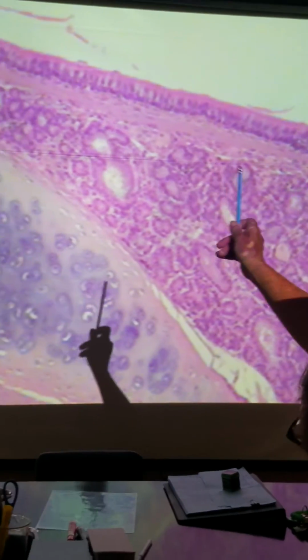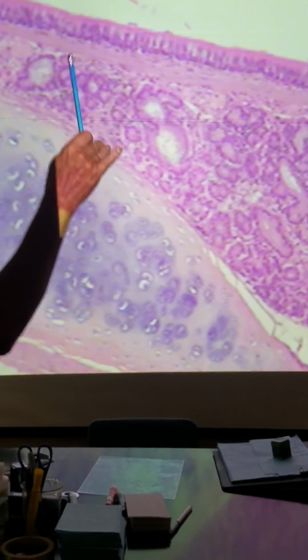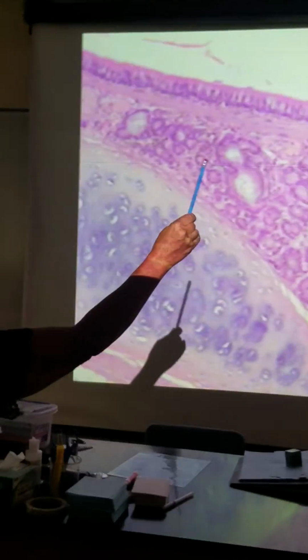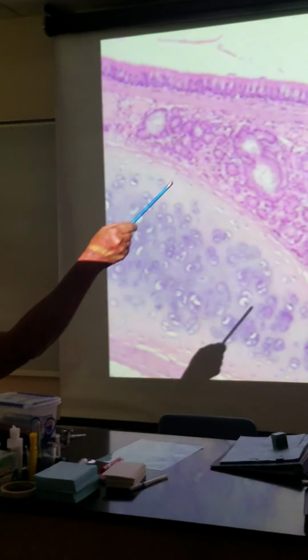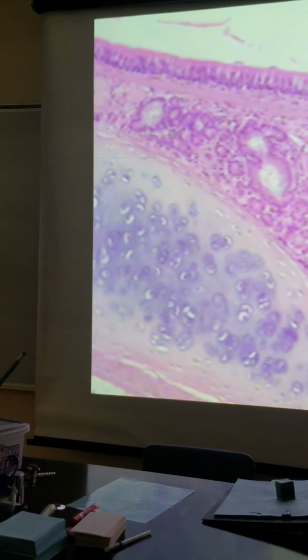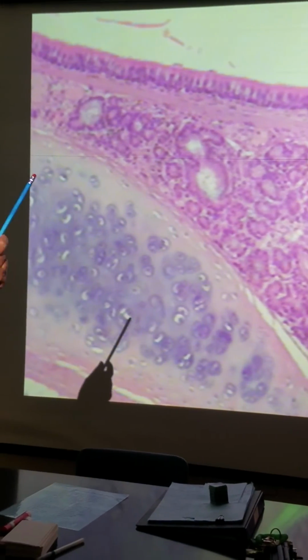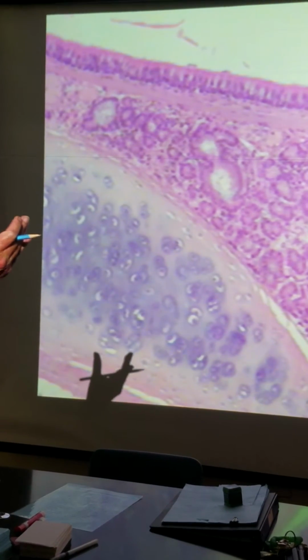All right, and then we have, let me look at this side. Now we have here our hyaline cartilage, right? When you see chondrocytes in their lacunae, the matrix stains a light pink, light lavender kind of color here. It's devoid of any visible fibers. So that is your hyaline cartilage, and it's the hyaline cartilage portion of this that maintains a patent airway.